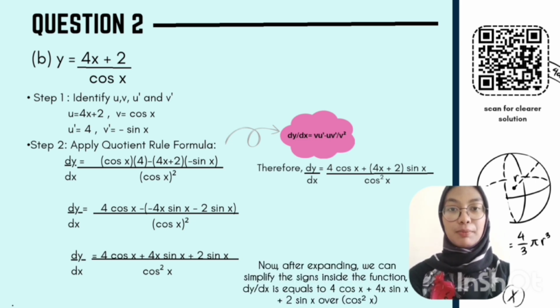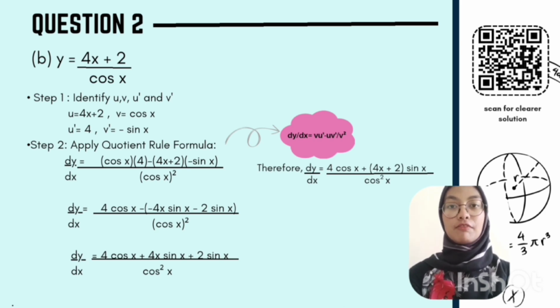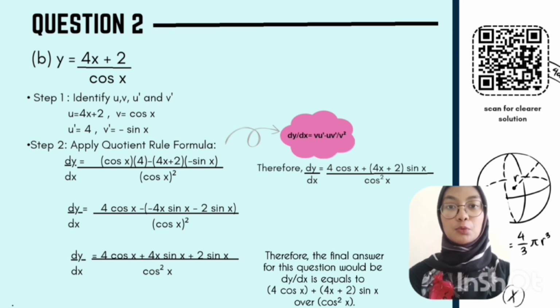Now, after expanding, we can simplify the signs inside the function. dy over dx equals 4 cos x plus 4x sin x plus 2 sin x over cos squared x. Therefore, the final answer for this question would be dy over dx equals 4 cos x plus (4x plus 2) sin x over cos squared x.